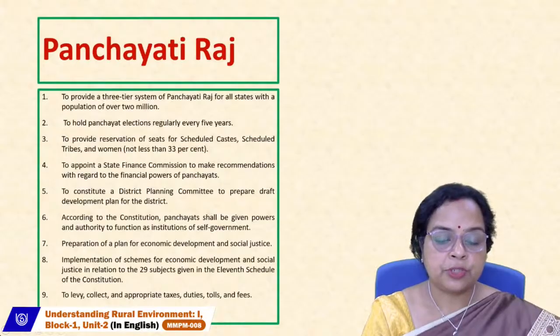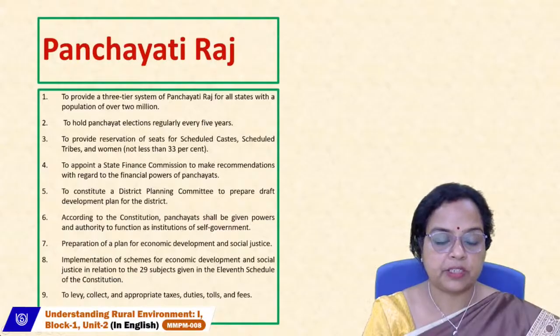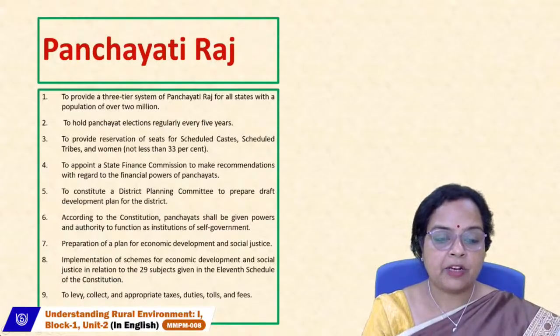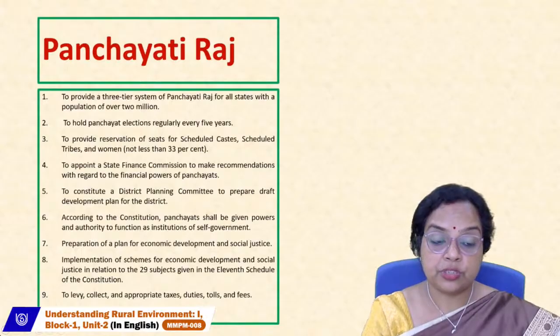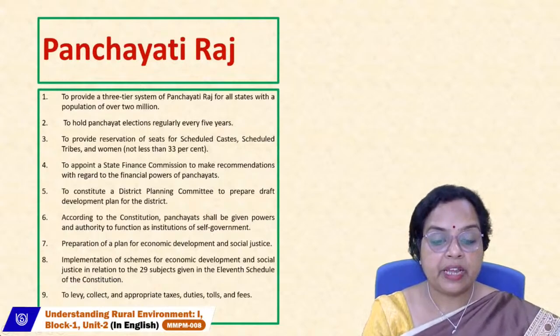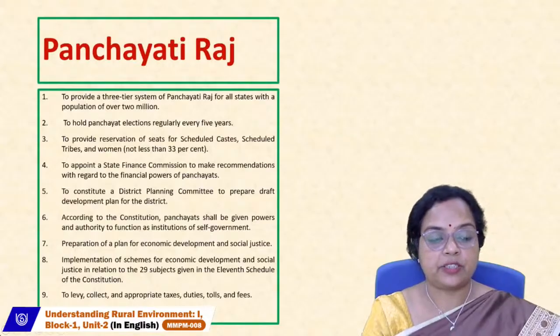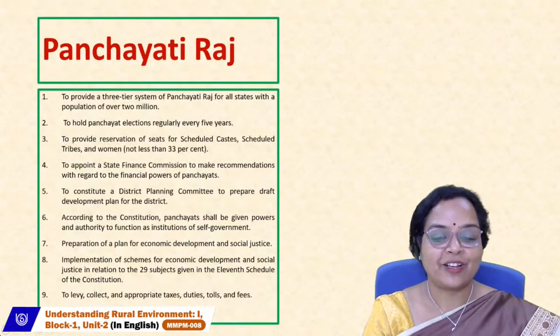As per the constitution, panchayats shall be given powers and authority to function as institutions of self-government: preparation of a plan for economic development and social justice, implementation of schemes for economic development and social justice in relation to the 29 subjects given in the 11th Schedule of the Constitution, and to collect and appropriate taxes, duties, tolls, and fees.